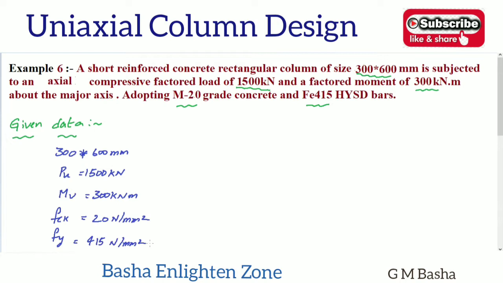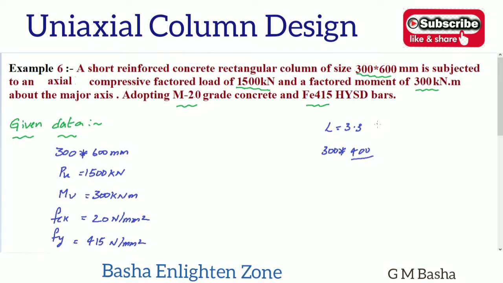So what is the difference between the previous problem, what I solved in example 5 on our channel, and today's problem? There, they gave an unsupported length of some 3.3 meters and some dimensions like 300 to 400 around.